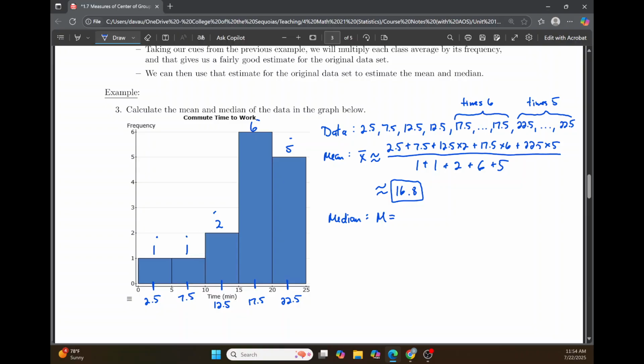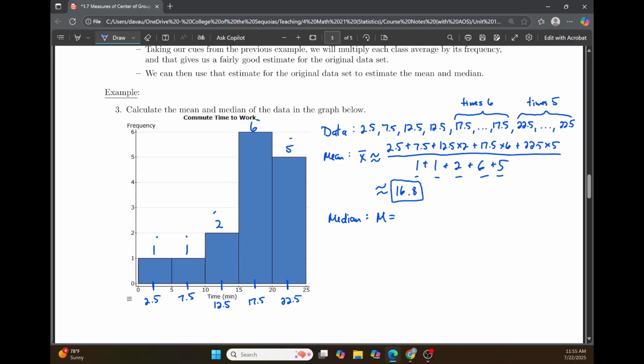for the median, we just need to find the number that's right in the middle of the data set. So to do that, first of all, we should figure out how many values are in the data set. 6 plus 5 is 11, plus 2 more is 13, 14, 15. So 15 values in the data set.